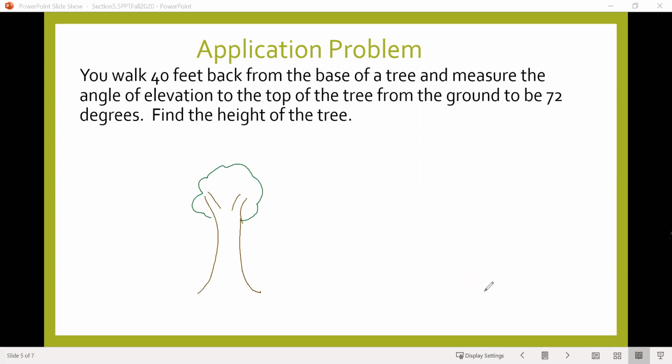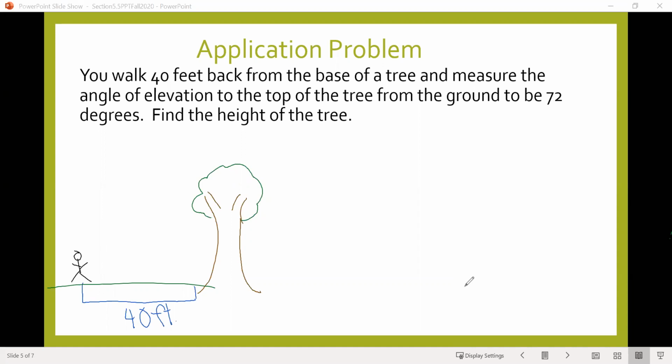And here's the idea: you go 40 feet back from that tree to some distance here. So call that 40 feet. And then here is you. And then it says from the ground, which we'll imagine this is the ground here, we measure an angle of elevation to the top of the tree. Now, what could that mean, do you suppose, if it's from the ground to the top of the tree?